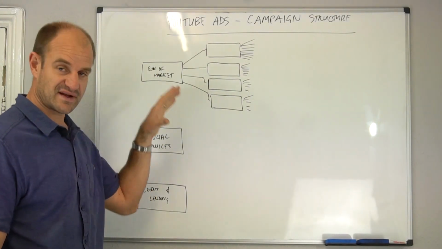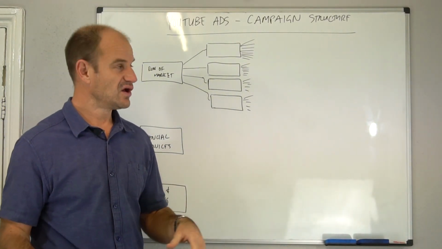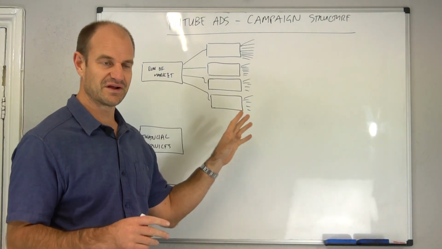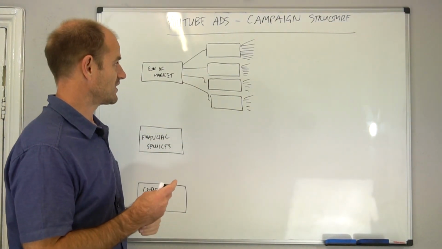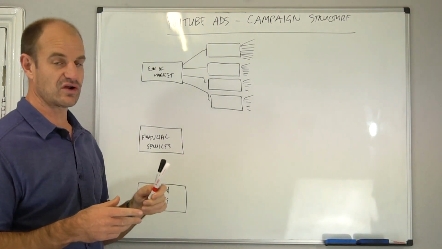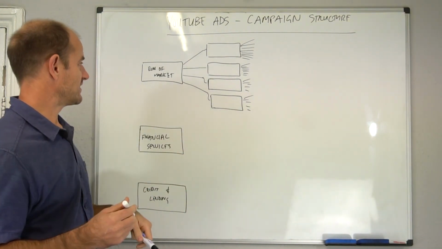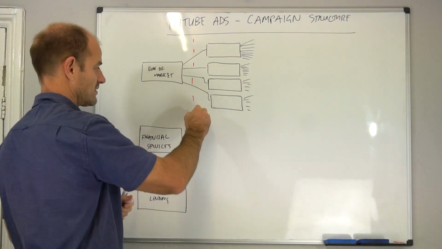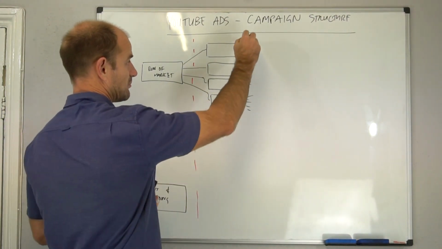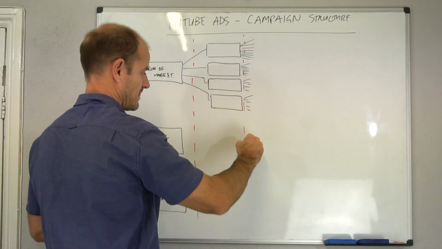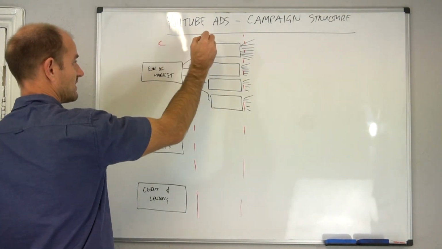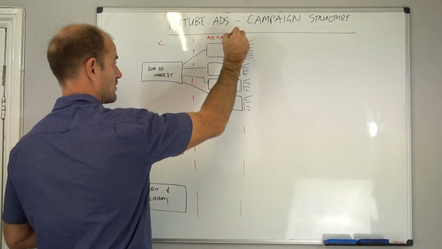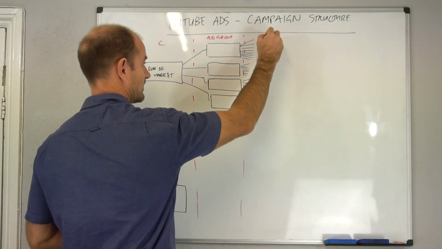But this is the way we set up our campaigns, and I'm going to do this interactively. I'm going to try and draw on here a little bit to show you what it actually looks like. I've started it, but if we look down here, this is the campaign, this is the ad group, and these are the ads, okay?